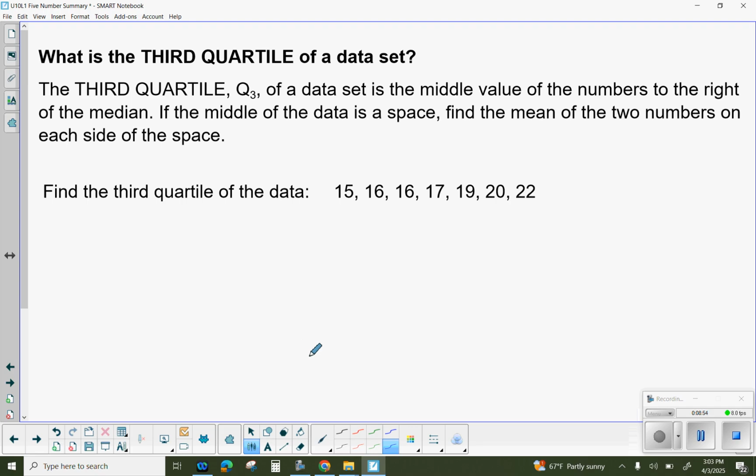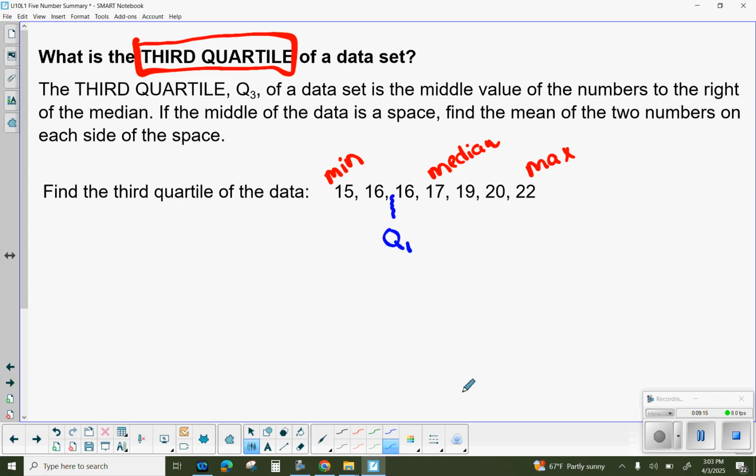We also have a third quartile. Third quartile is the same thing, but on the upper side. So again, we have a minimum, a maximum. We said this was the median. We just discovered that snug in here was our first quartile.